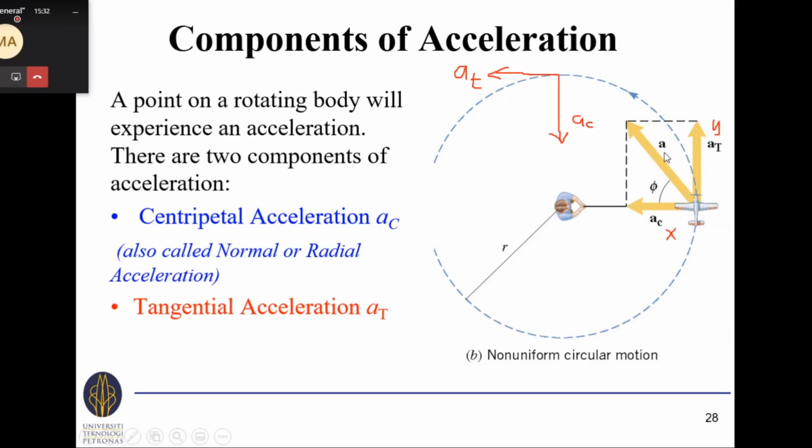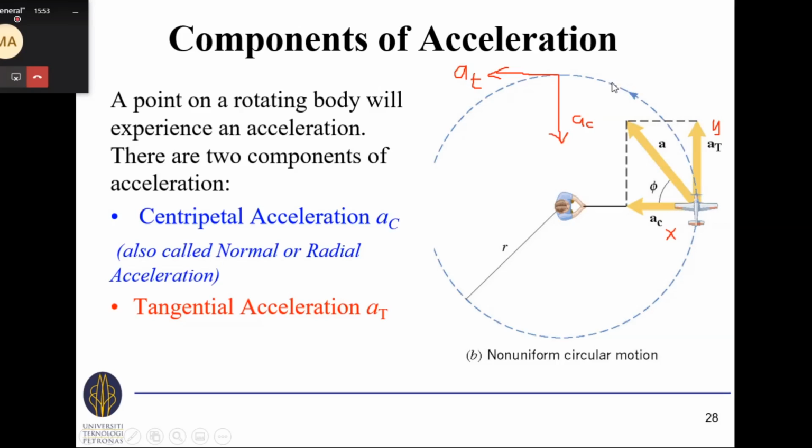It's somehow in the middle, comes with a certain angle. So this is where you can use the vector knowledge. But if we are referring to this point here, the point where the aeroplane is located, you will see that a_t is on the y-axis, a_c on the x-axis.